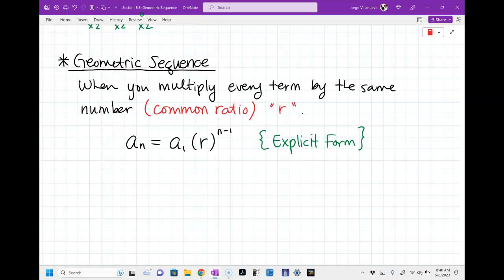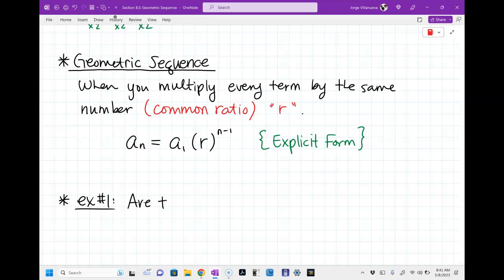Now, the first 6 questions on your homework, they're going to ask you, is this a geometric sequence? And if it is, find the common ratio. Okay? So here's some examples for that. Example number 1.